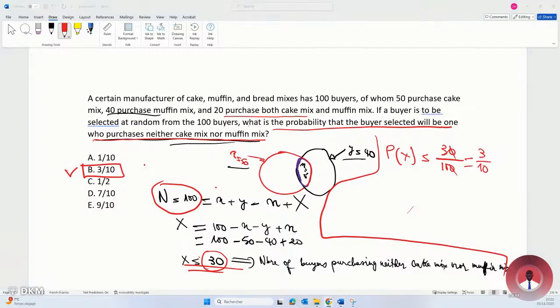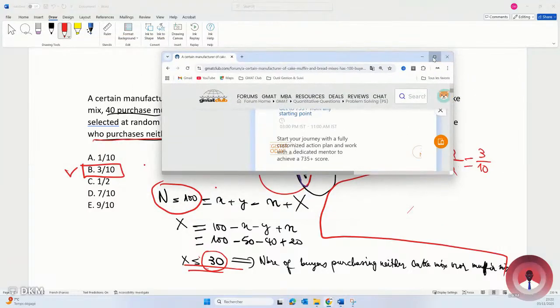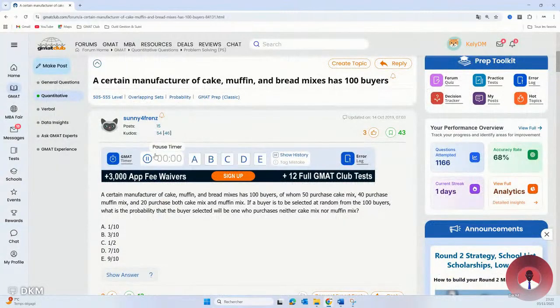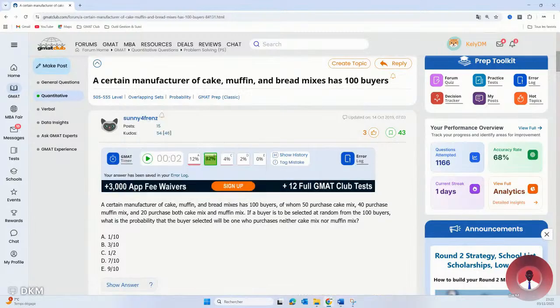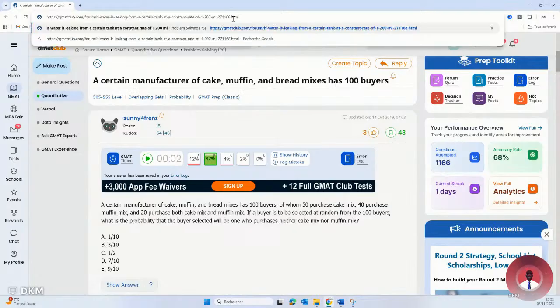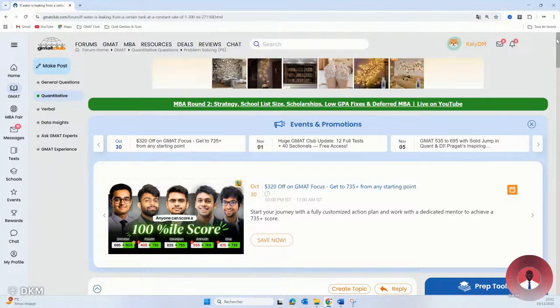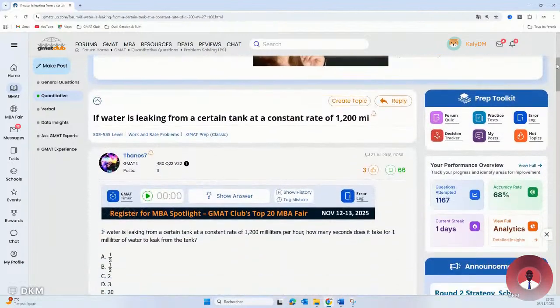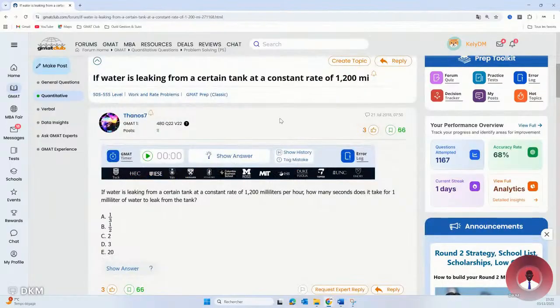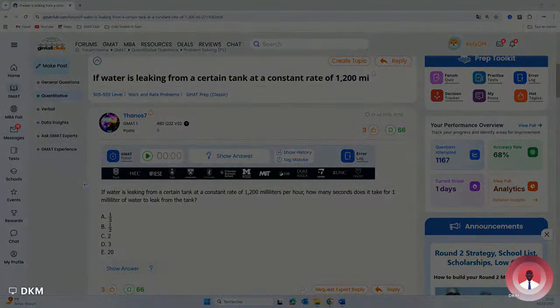Let's come back to our GMAT question and check the answer. Answer B. So that was question number 10. Let's go to question number 11. Okay, so copy this question.